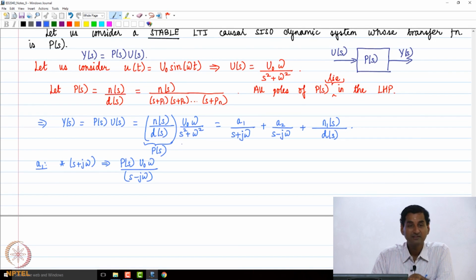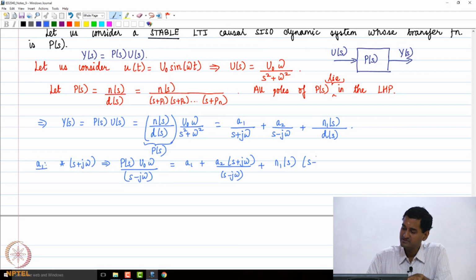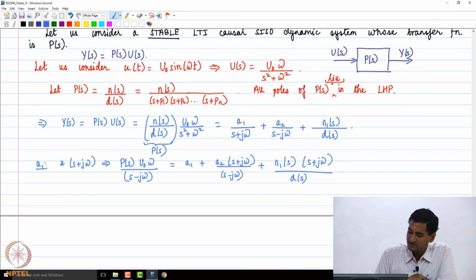On the right hand side, I will get A1 plus A2 times s plus j omega divided by s minus j omega, plus some n1 of s which is left behind, times s plus j omega divided by d of s. This is what I will get if I multiply both sides by this factor.